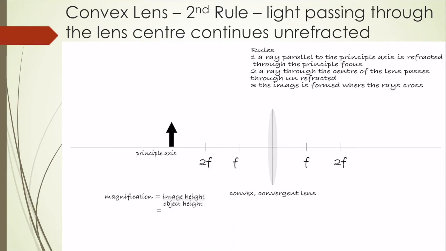So we've done inside F, between F and 2F. Now we have one outside 2F. Take the first bit first. Parallel goes through the focal point.